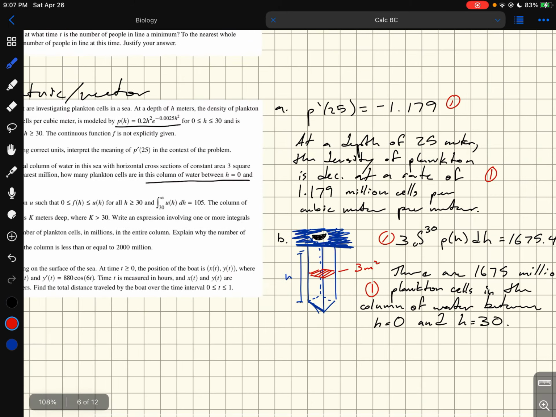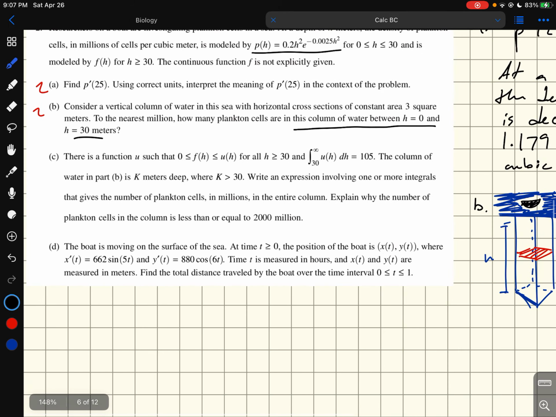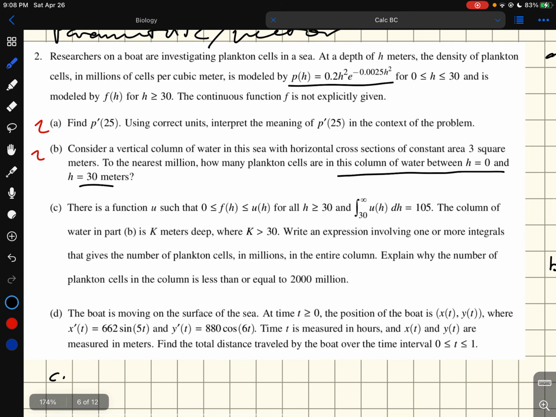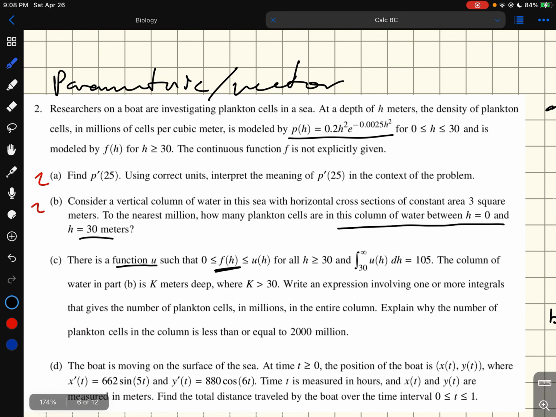Okay, next one. Part C can be kind of confusing, and it's a lot to go over, so let's break this down. You have a different function that is bigger than f of h. Remember, our f of h is describing how much plankton there is for depths greater than 30 meters. This one is only for depths up to 30 meters. So we have another function called u that is even bigger than our f of h.